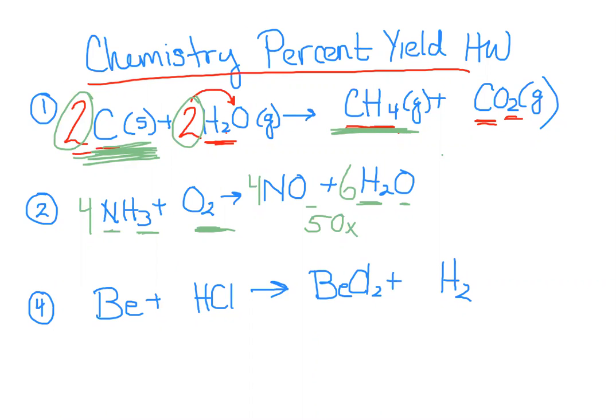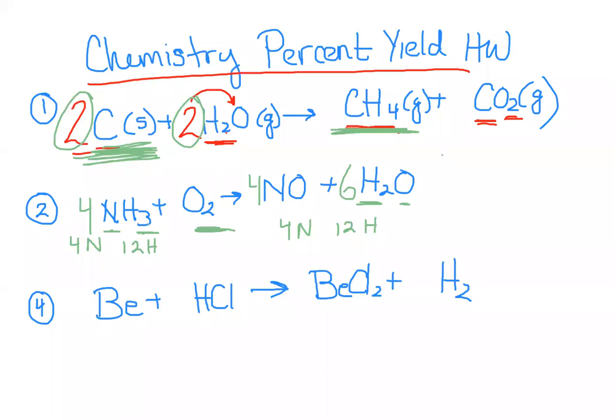So now look, over here on this side, we have 4 nitrogen, and over here on this side, we have 4 nitrogen. And over here on this side, we have 4 times 3, which is 12 hydrogen. And over here, we have 6 times 2, which is 12 hydrogen. So now all we have to worry about is our oxygen.